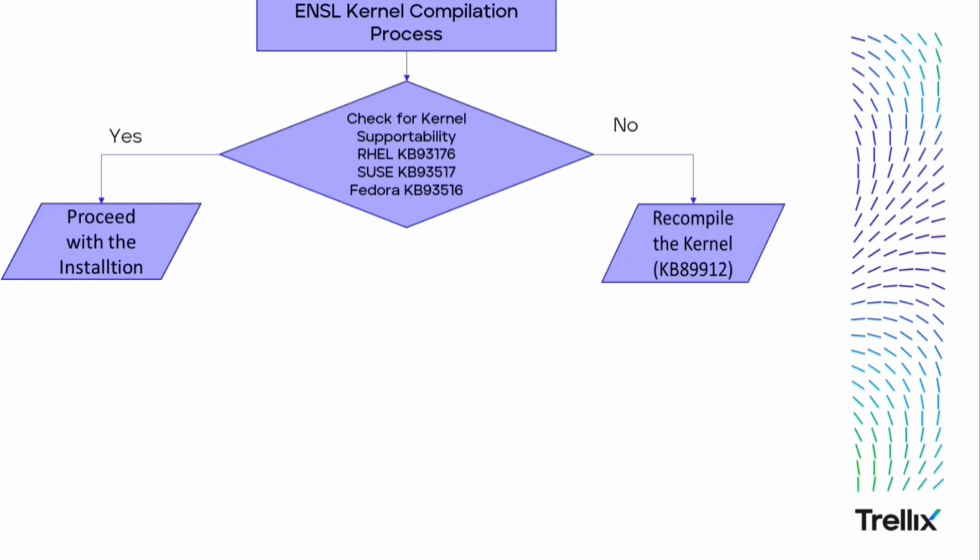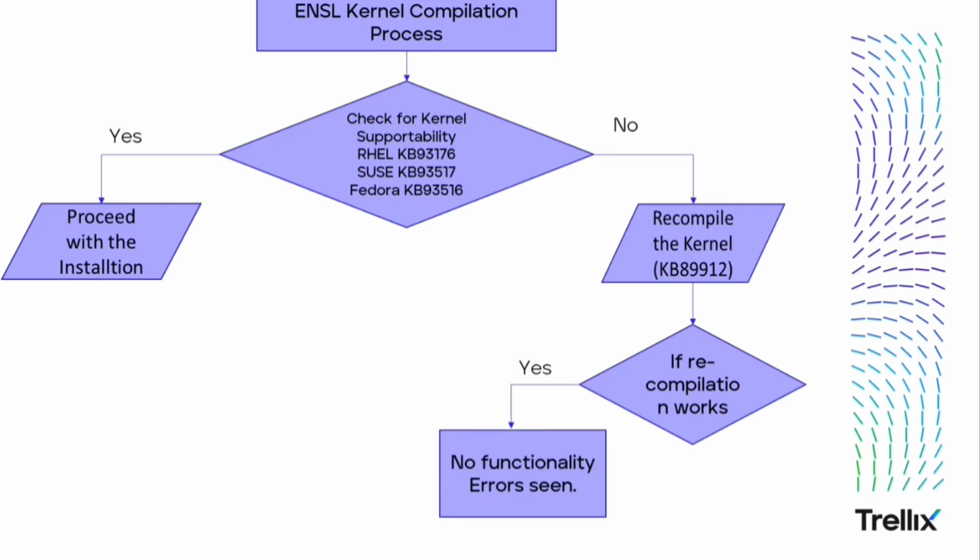When the kernel is not supported, ENSL fails to load the MFE file access and MFE AAC kernel modules on the machine, resulting in product discrepancies. If the recompilation works, we would not be seeing any functionality errors with the product. If not, please raise a ticket with Trellix support and it can be investigated further.